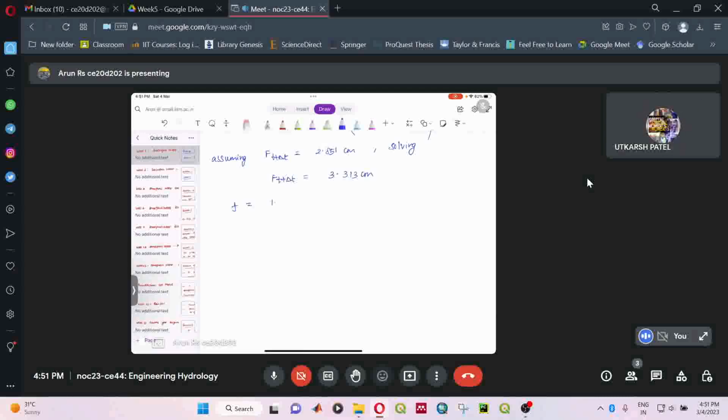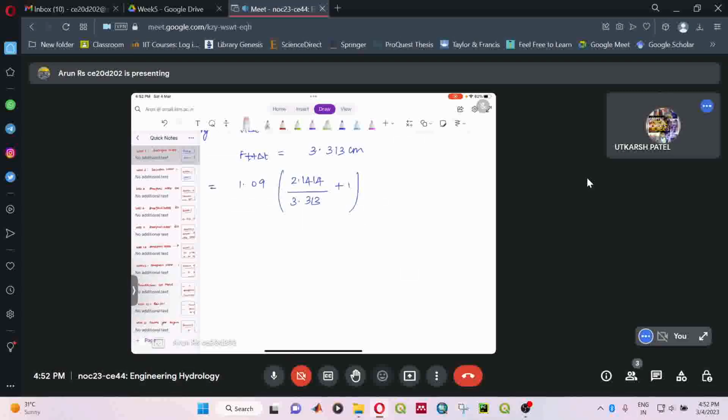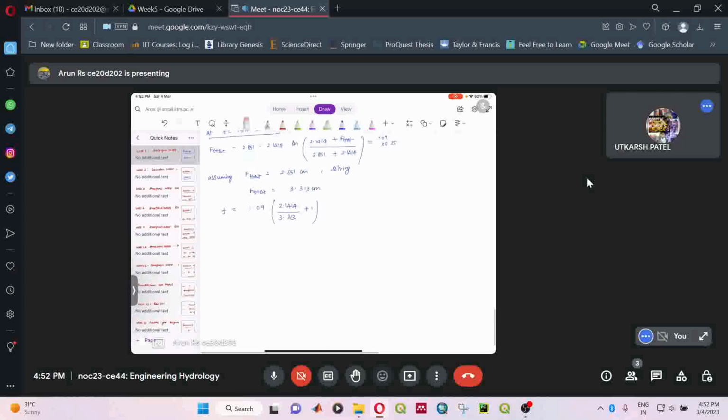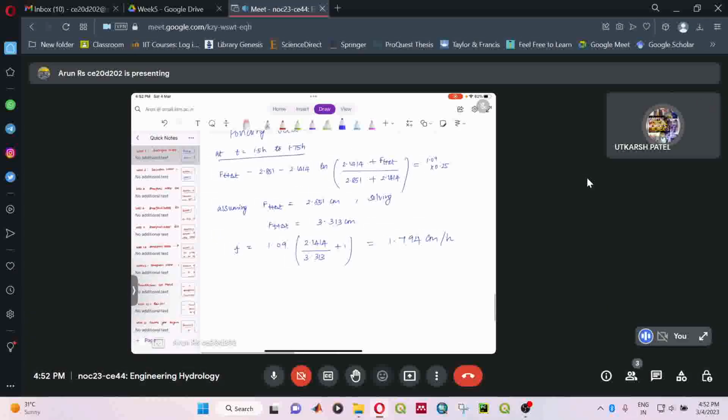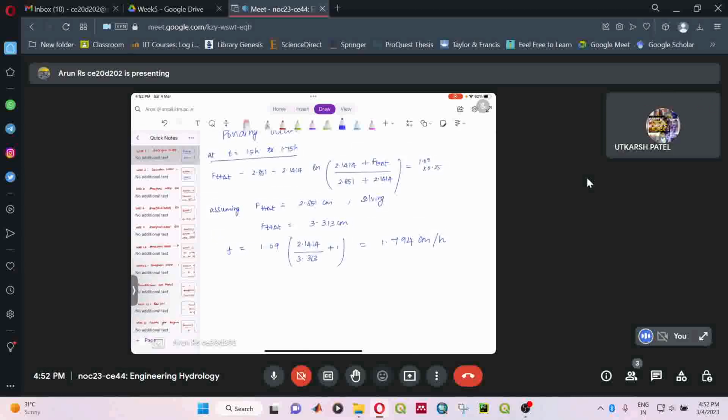So f is 1.09 into 2.1414 divided by 3.313 plus 1, which is 1.794 centimeter per hour.